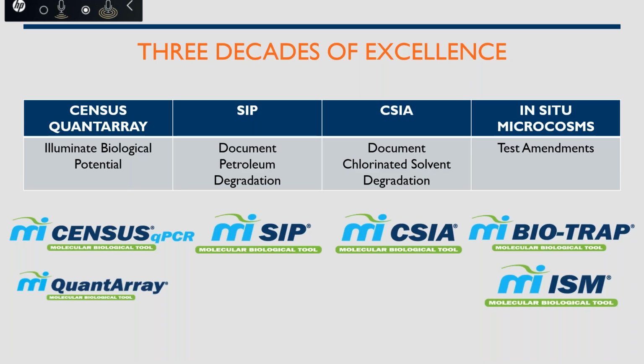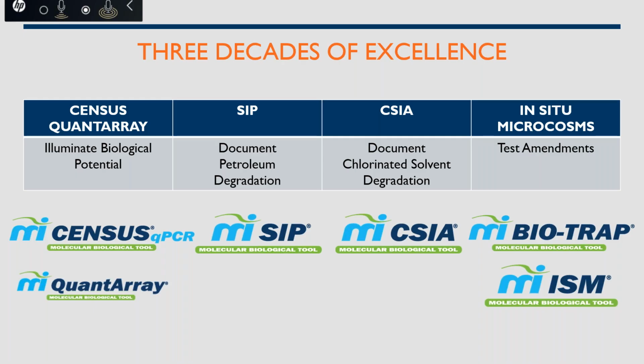Microbial Insights has been in business for almost 30 years, specializing in these molecular biological tools. And I wanted to provide a brief overview of some of the common tools. The census qPCR and quantarray analyses can help us quantify microbial populations we're interested in, can really help to illuminate the biological potential for degradation at a site. So if you're testing for Dehalococcoides, we quantify it using census qPCR or as part of the larger quantarray chlor suite.